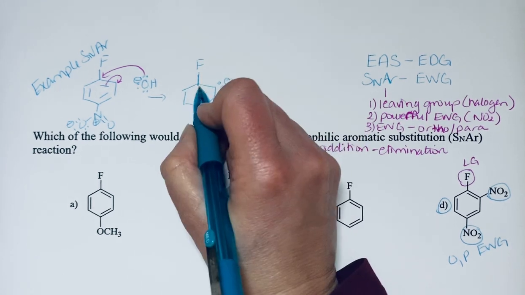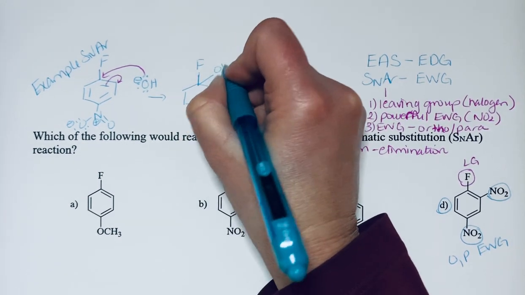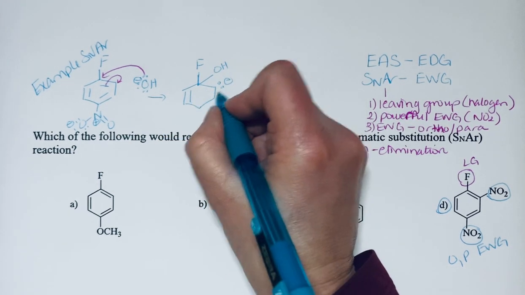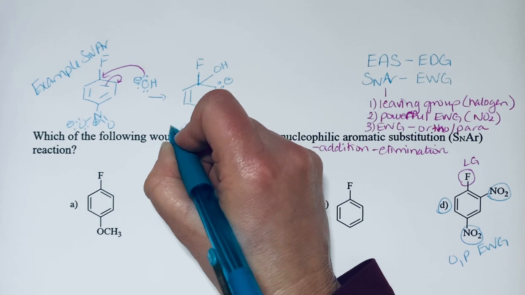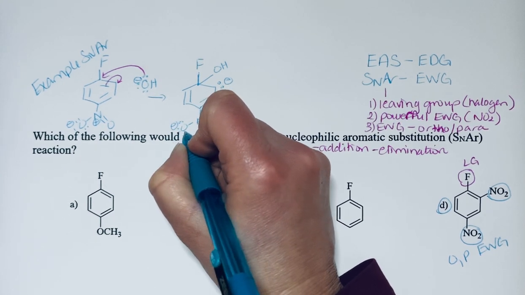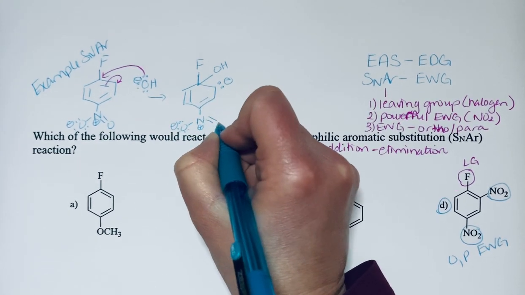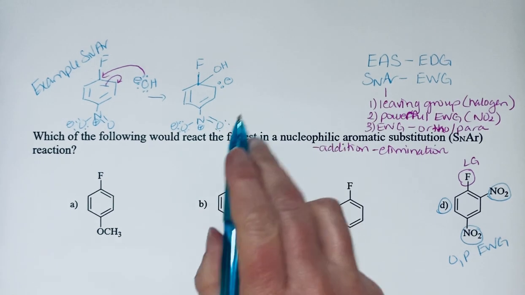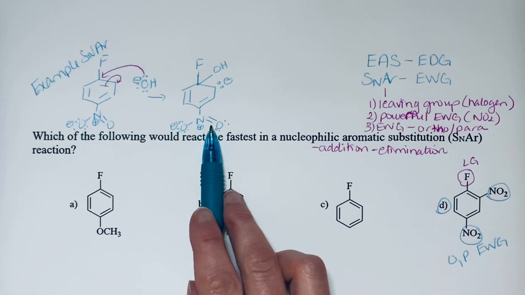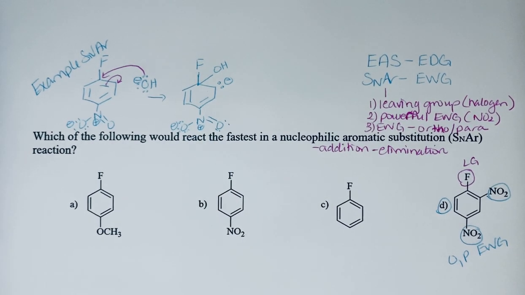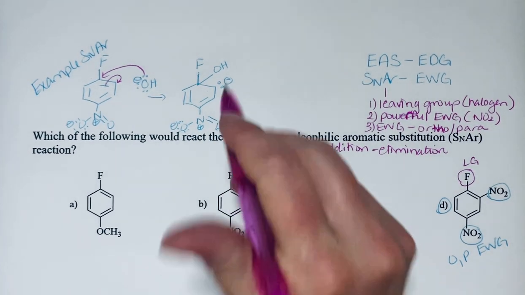So we no longer have a pi bond here, and we've also added that OH, and we've put some electrons into the ring. And so here's where I want to draw a resonance structure that shows you why this nitro group is important and why it has to be at the para or ortho positions. If you don't have your nitro group at the para or ortho positions, it can't participate in resonance as I'm about to draw.